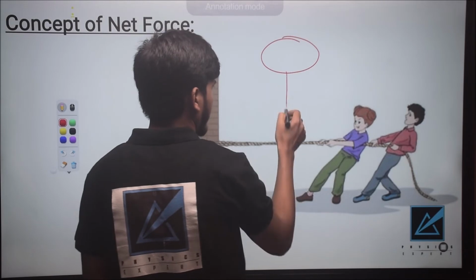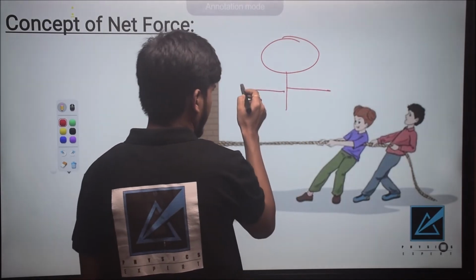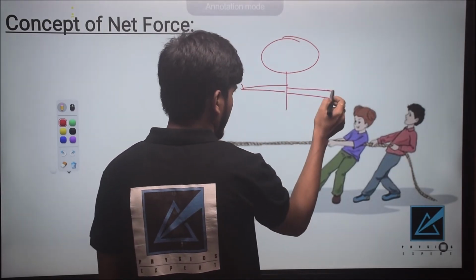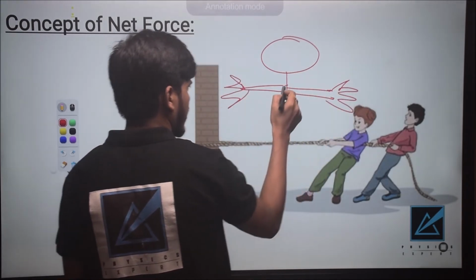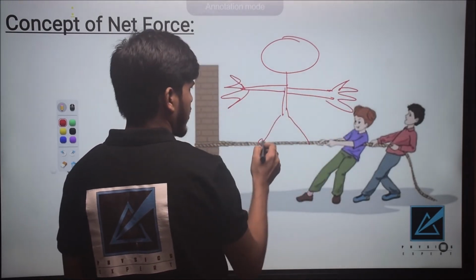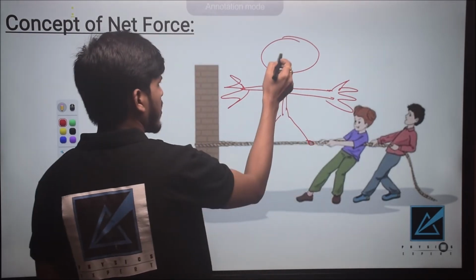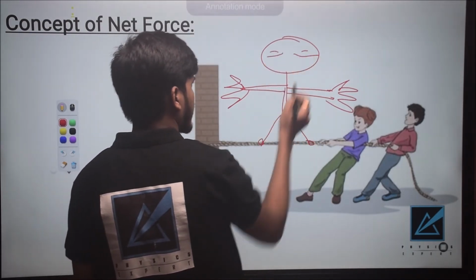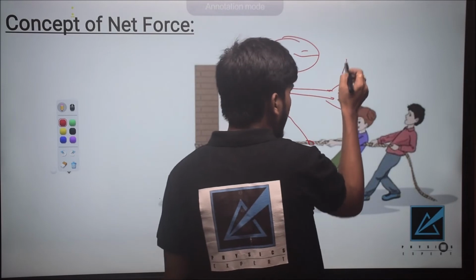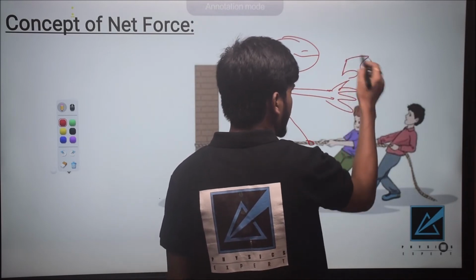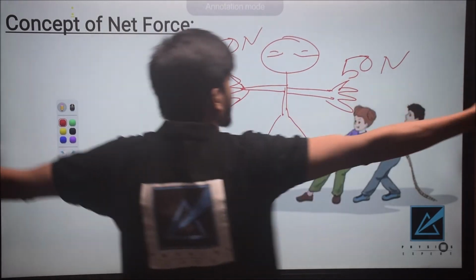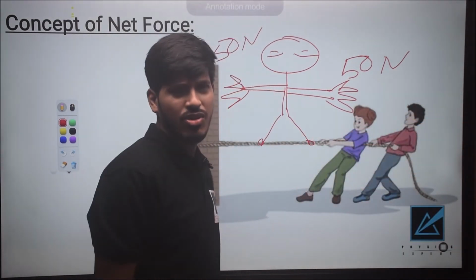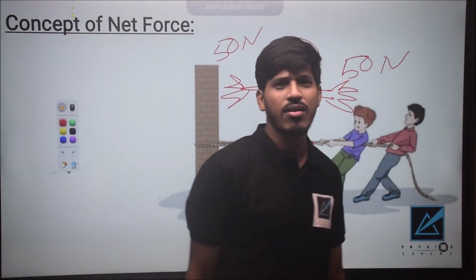This is a boy. Now on his right side there is 50 Newton, and on his left side 50 Newton. Net force is 0, the sum of the forces is 0.